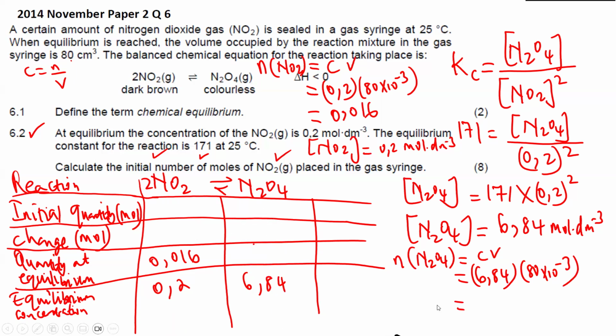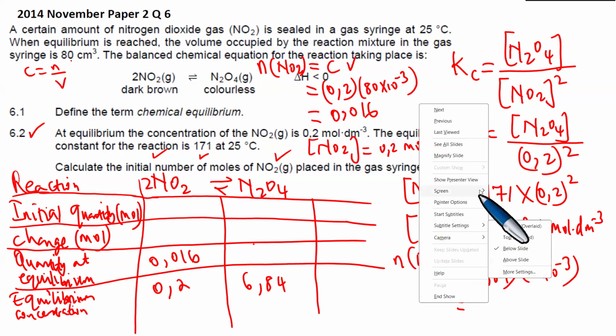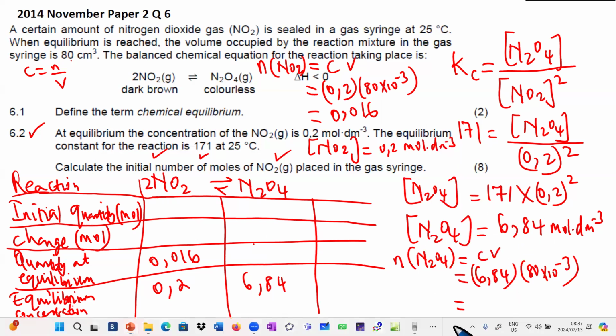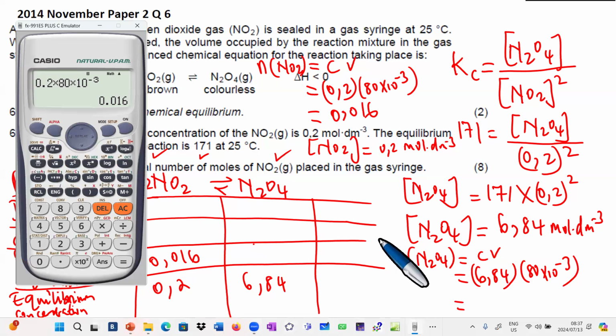So now, this one I will just calculate it here so that we're able to do this one. And then we'll be right back. Now we're going to take the 6.84, and we multiply by the 80 times 10 to the negative 3. In other words, we divide by 1,000. And what is all this stuff here?